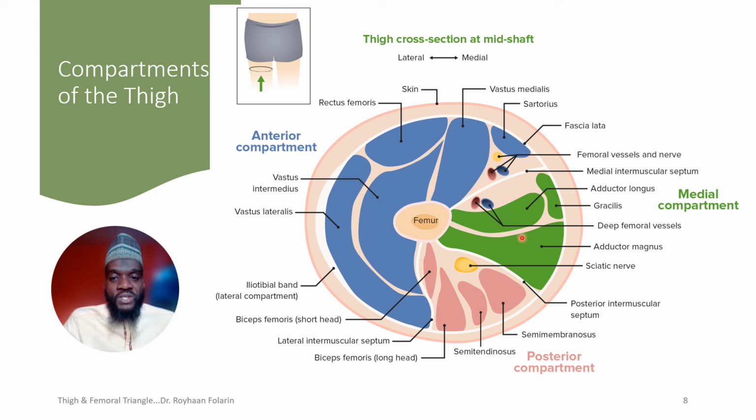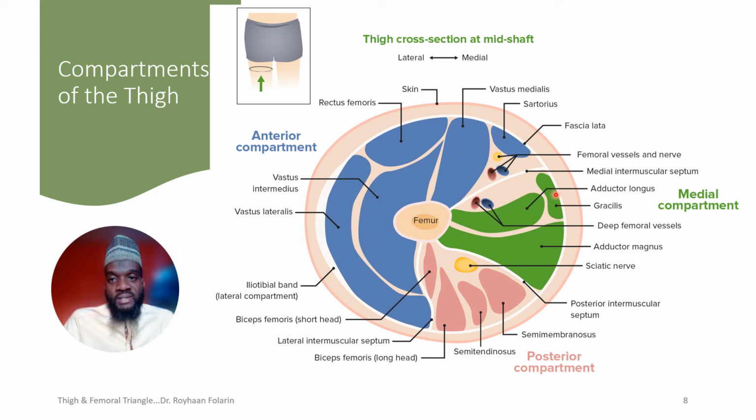But apart from these adductor muscles, you still find some other muscles in the medial compartment, and that includes the gracilis muscle. The gracilis derives its name from the Latin word gracilis, which means to be slender or thin.